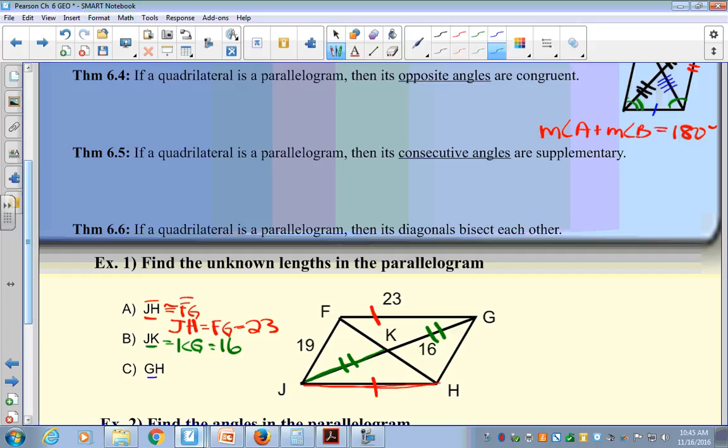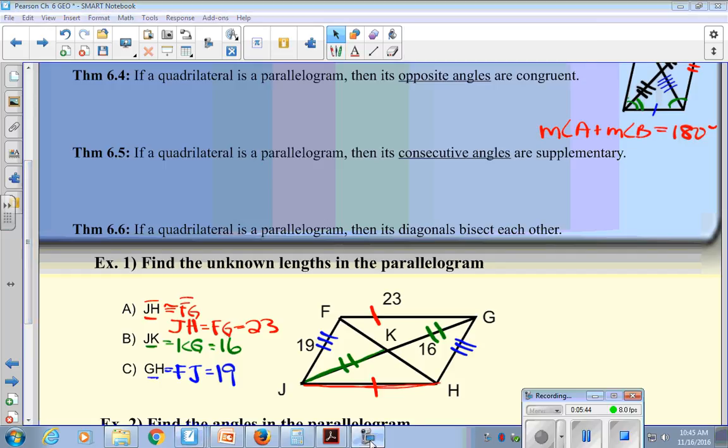The next one we want to find is GH. It is congruent to FJ. Oh, sorry, it's equal to FJ, which is equal to 19. You guys feel good about that?